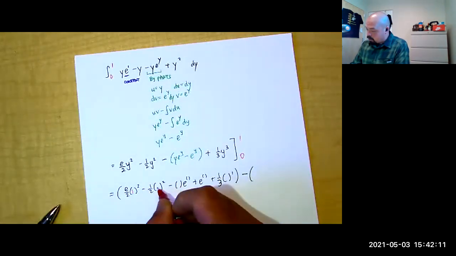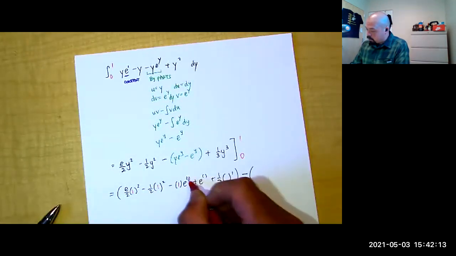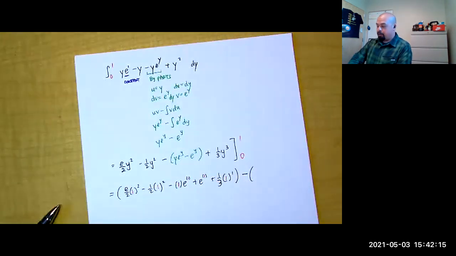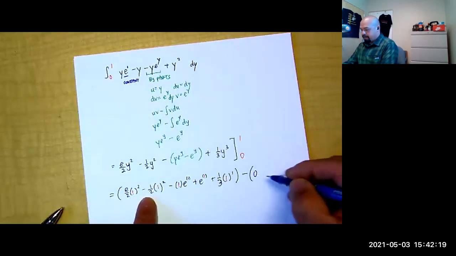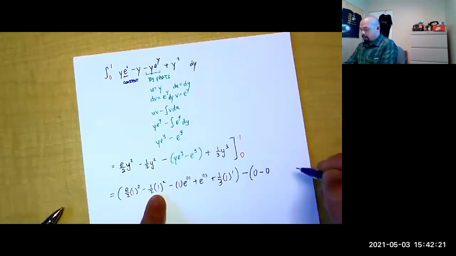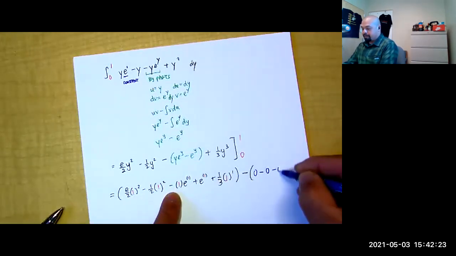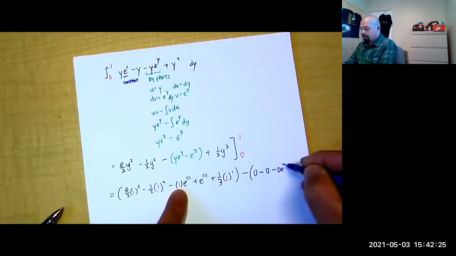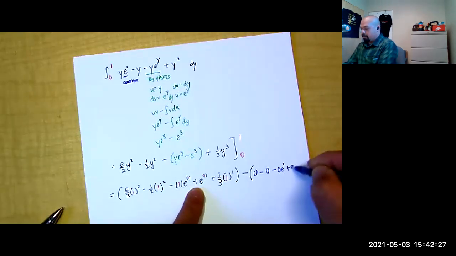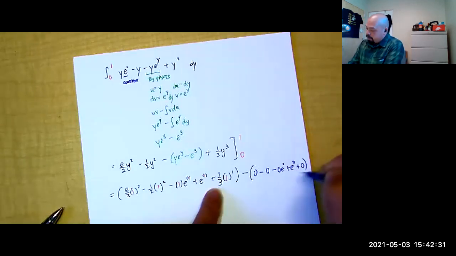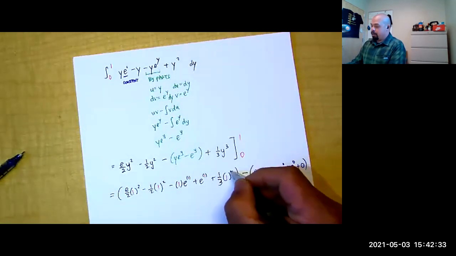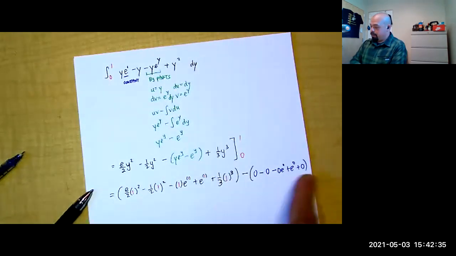And when I do those zeros, 0 squared minus 0 squared minus 0 times e to the 0, which is still 0, plus e to the 0 plus 1/3 0 cubed.